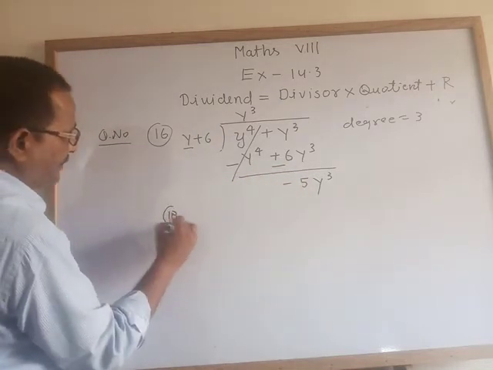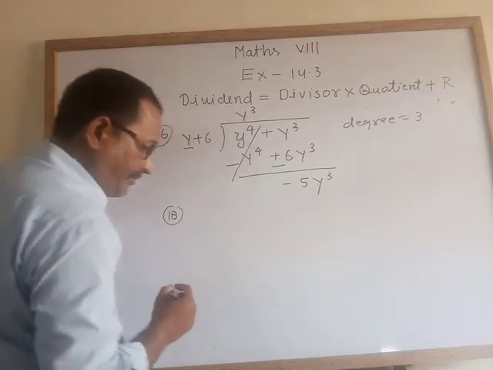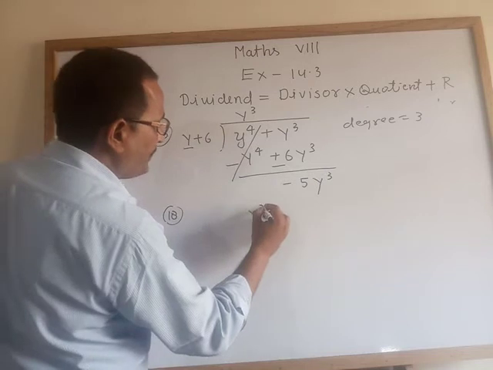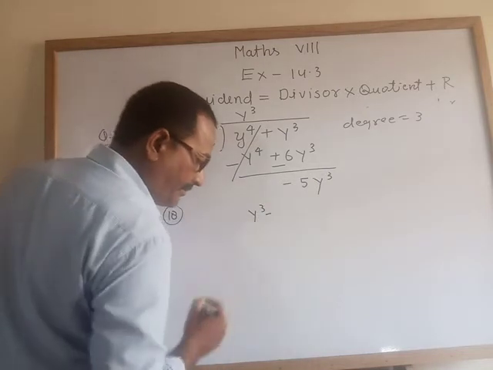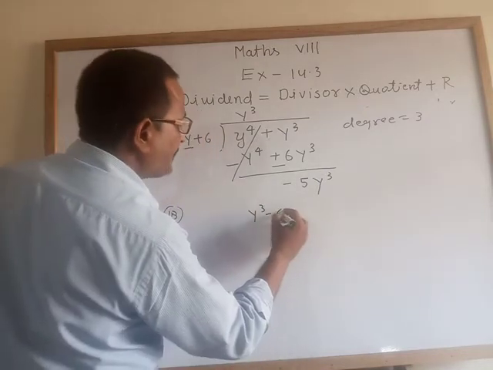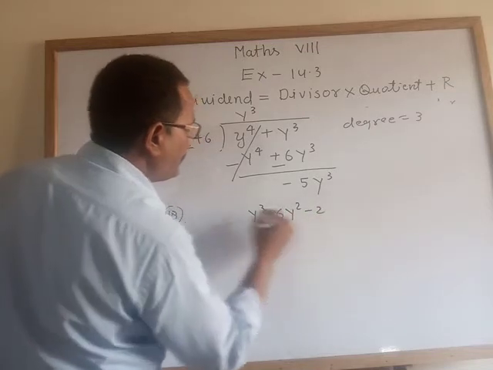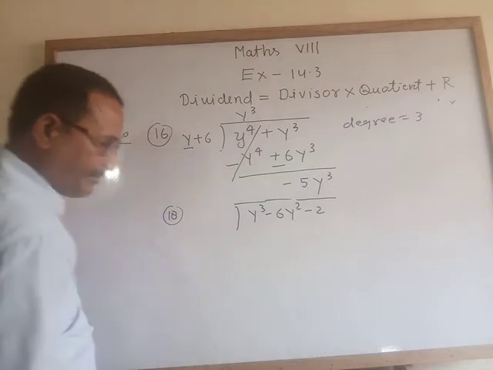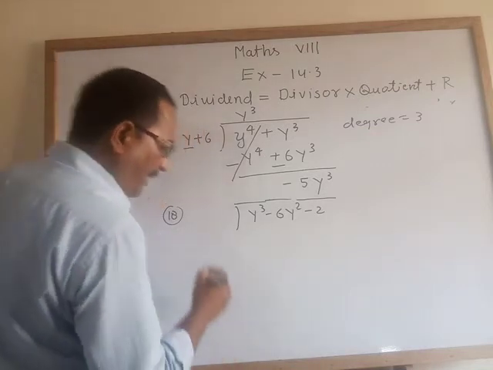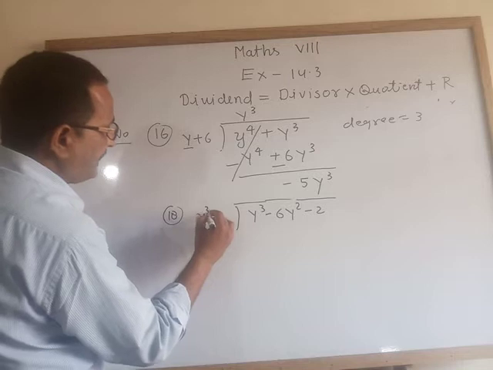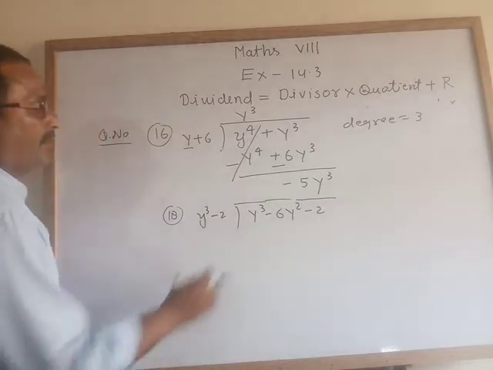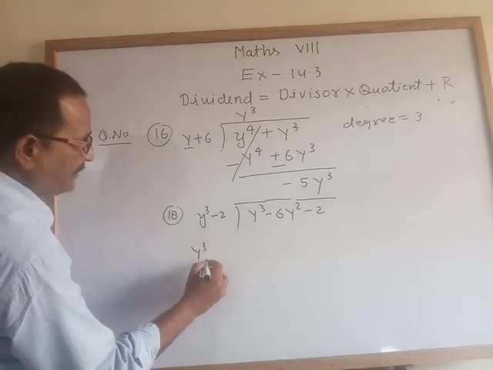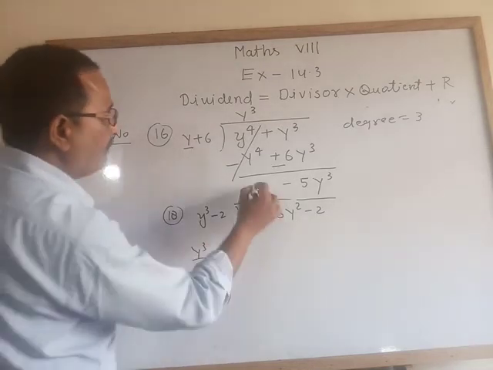Question number 18, you see, given y cube minus 6y square minus 2 divided by y cube minus 2. First term divided by first term, y cube divided by y cube, the answer is 1.